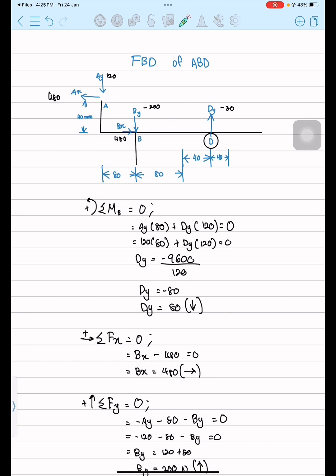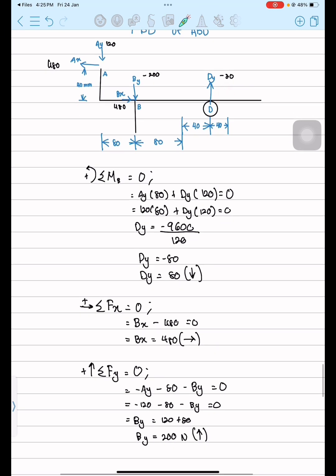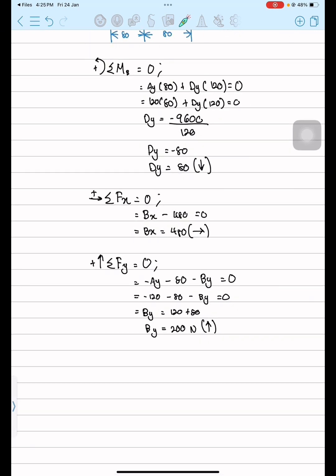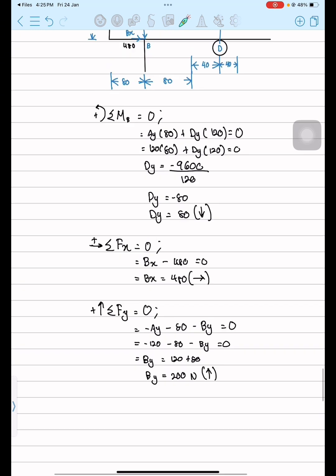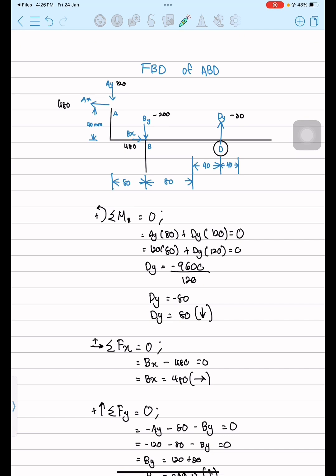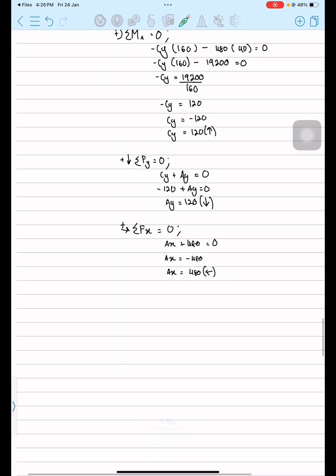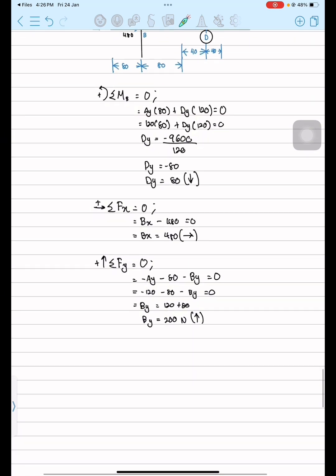Eventually, it is forcing downward. For Fx, I choose right as positive, which means Bx minus 480 equal to 0. So Bx is 480, forcing to the right. Then for Fy, I choose upward as positive, so Ay becomes negative, because here it is forcing downward, but because I choose upward, it becomes negative.